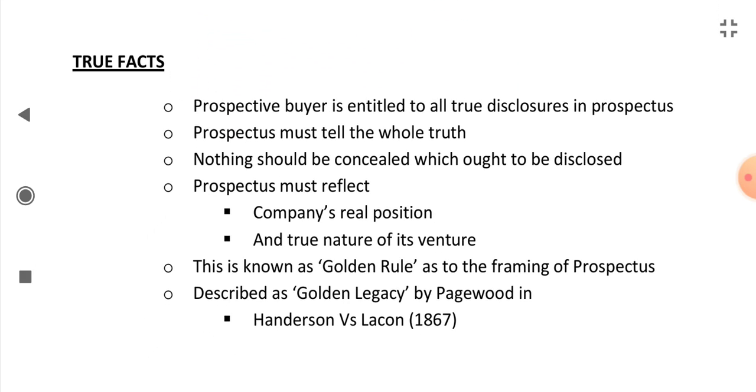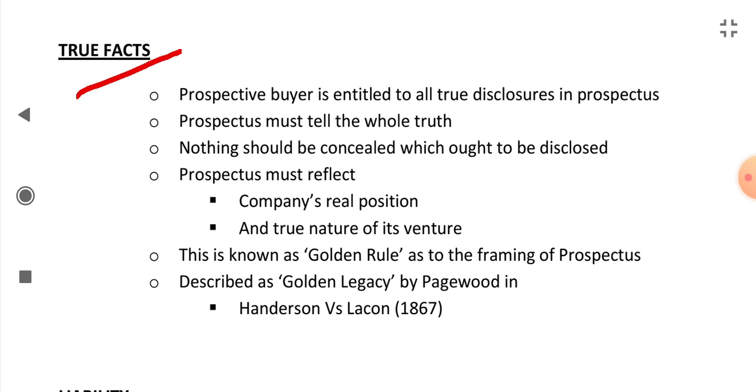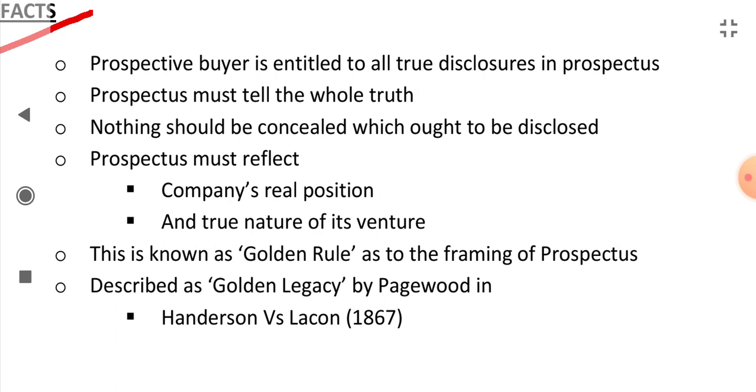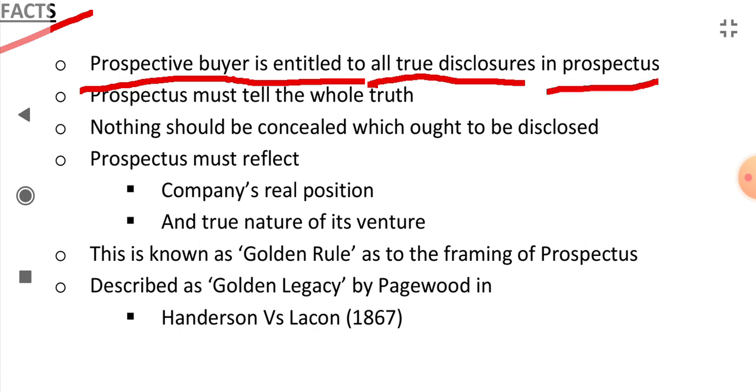Now see true facts, that in prospectus only true facts should be stated. Prospective buyer is entitled to all true disclosures in prospectus. A prospective buyer, a buyer who wants to buy these shares or debentures, is entitled to all true disclosures in the prospectus.